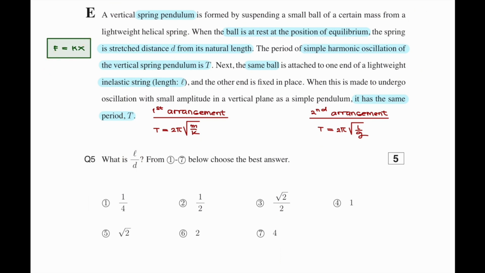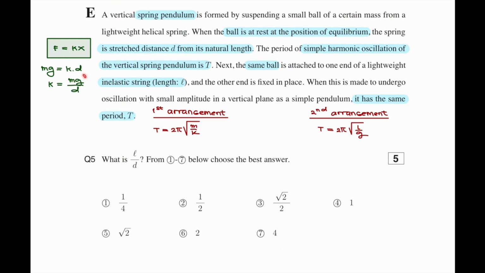In this case, the force is produced by the mass. So F can be substituted by the weight of the mass, which is mg, equals k times x. x is d, our extension in this case. So mg equals kd. Then k equals mg over d.